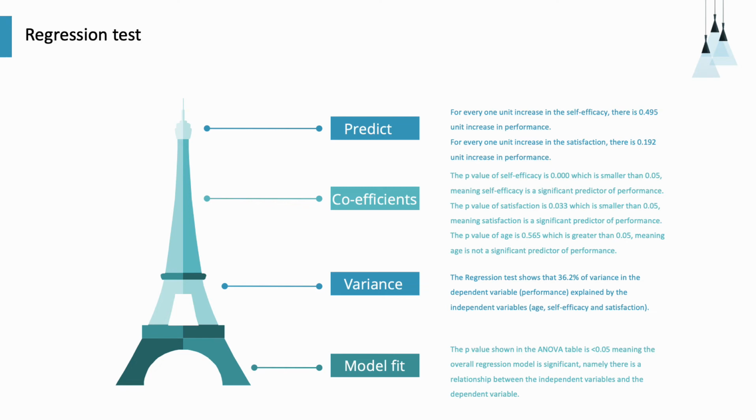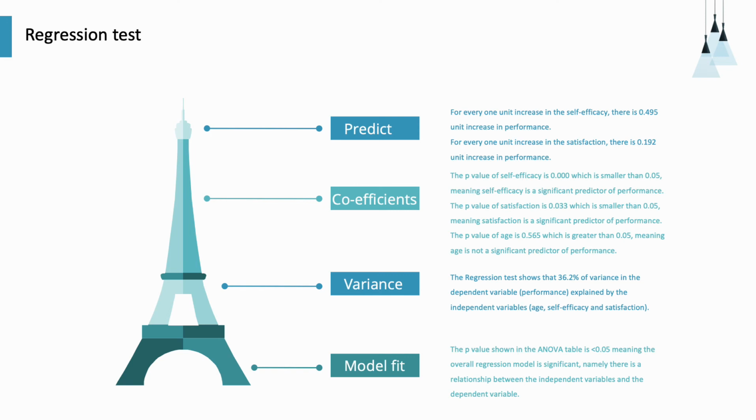The p-value of satisfaction is 0.033, which is smaller than 0.05, meaning satisfaction is a significant predictor of performance. The p-value of age is 0.565, which is greater than 0.05, meaning age is not a significant predictor of performance.